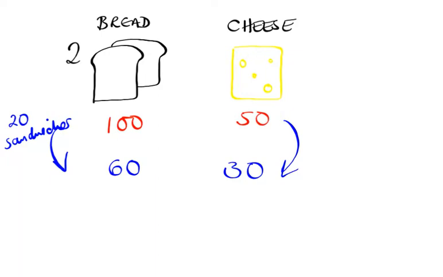As we can see, they therefore remain in a 2-to-1 ratio. Let's make another 10 sandwiches. So the bread will go down by 20, which leaves us with 40 pieces of bread. The cheese will go down 10, and they're still going to be in this 2-to-1 ratio.